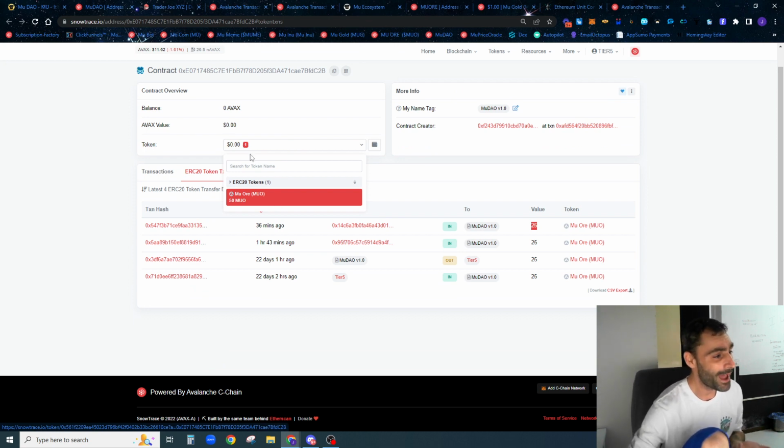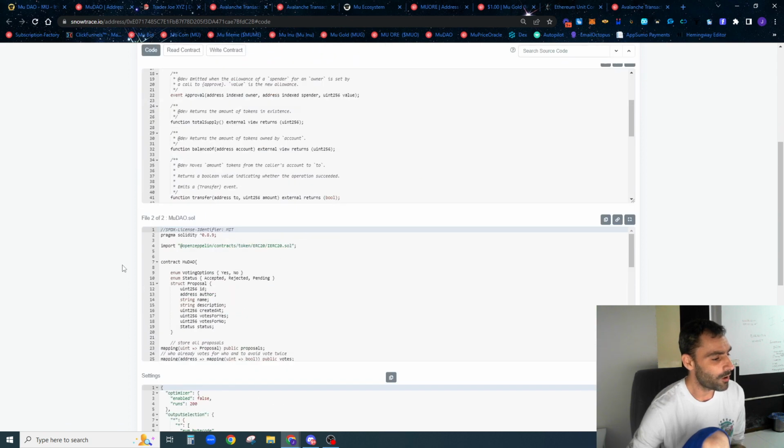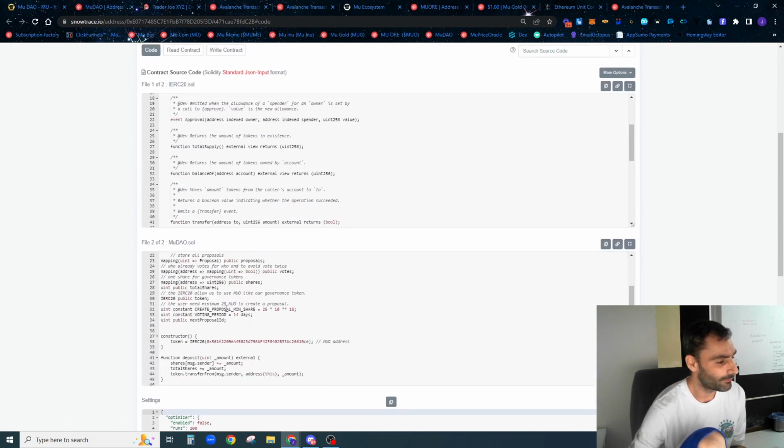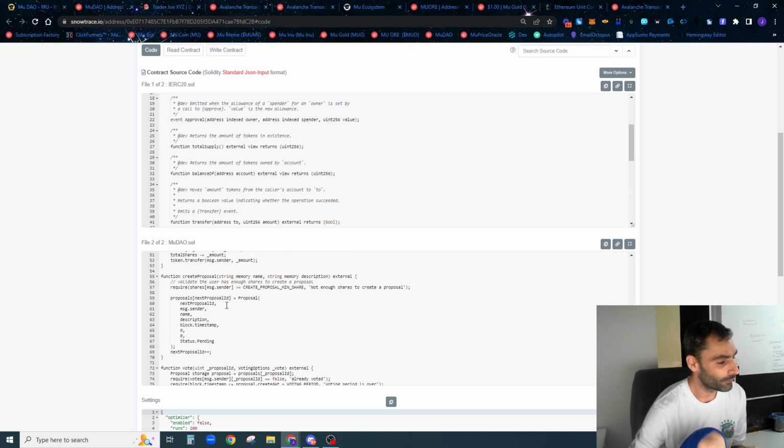They will never get that back, because if you actually come look at the code and you look at the contract, and I will rectify this in Mu or version 1.2 to allow for things in case this happens. But if you look at the code, you won't see in the Mu DAO any type of remove tokens.